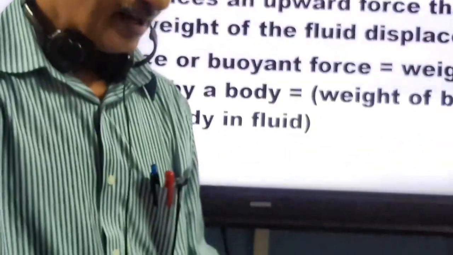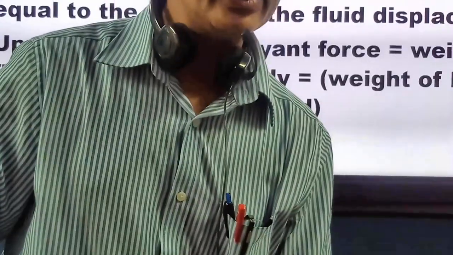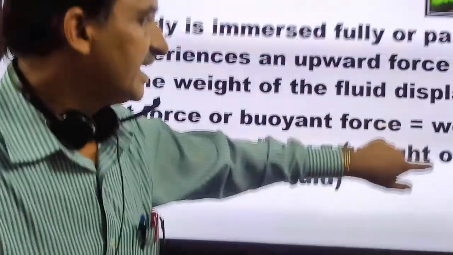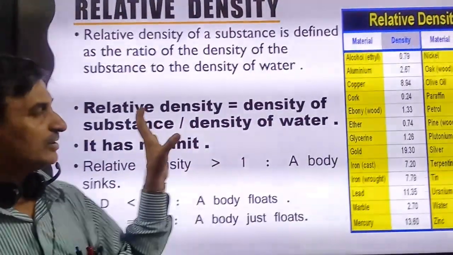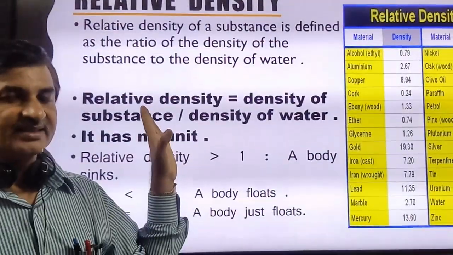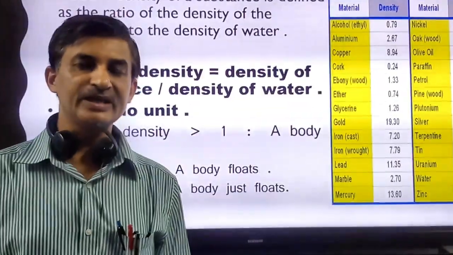Now, one more interesting phenomenon, which is relative density. Density is the property of every substance which will not vary. It is almost constant. The density of water is 1000 kilogram per meter cube.